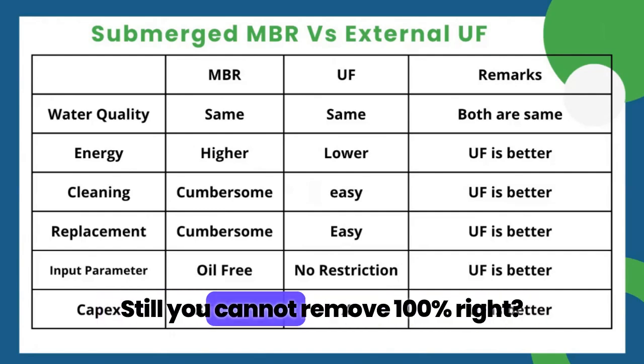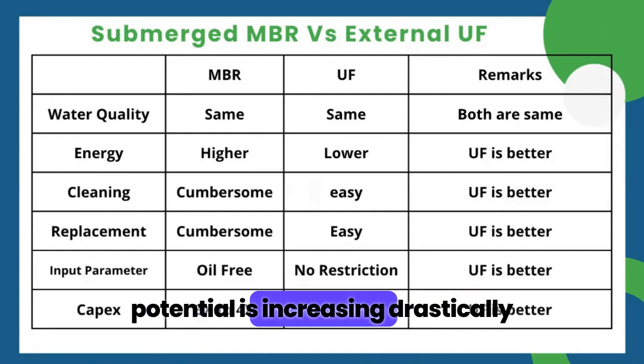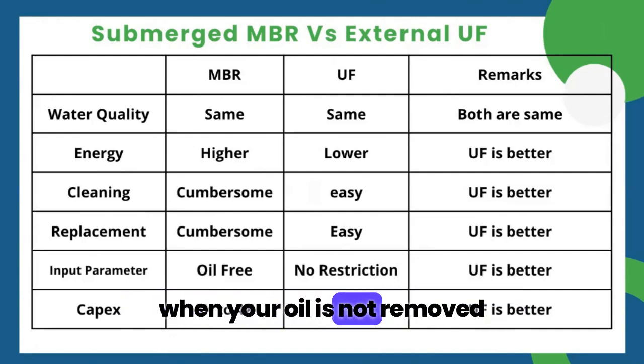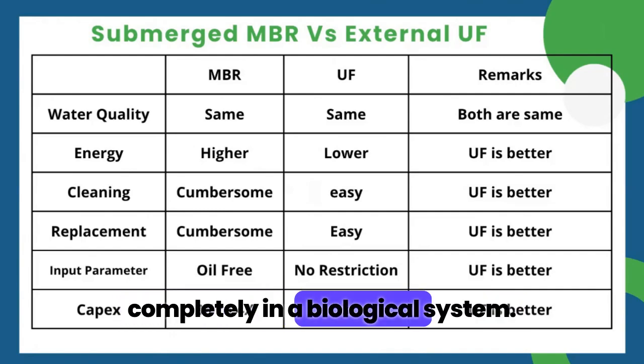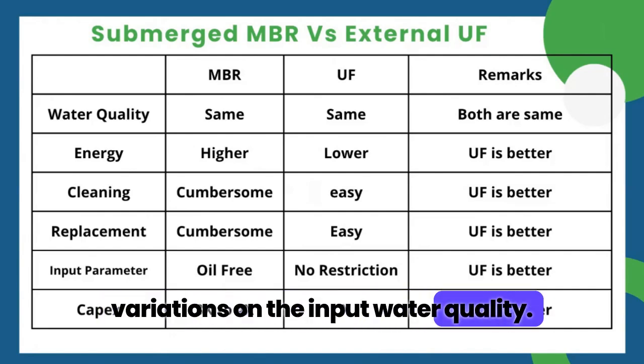Still, you cannot remove 100%, right? So for such cases, the scaling potential increases drastically when your oil is not removed completely in a biological system. So MBR membranes are less tolerant to variations in the input water quality.